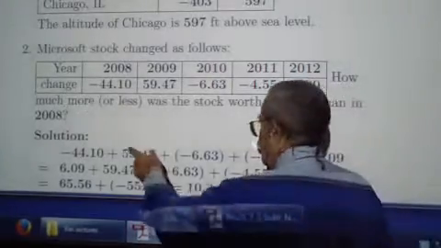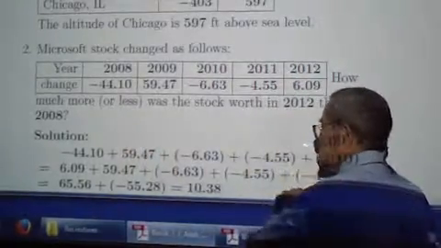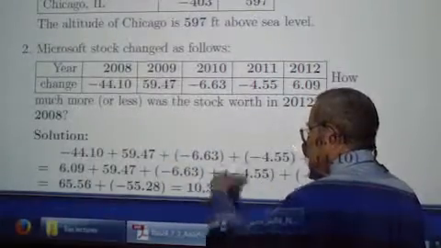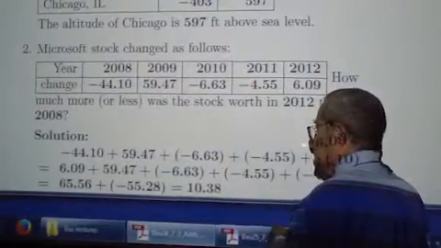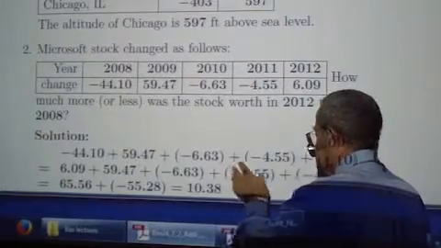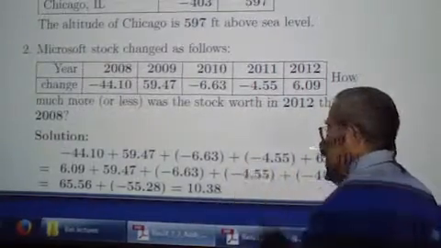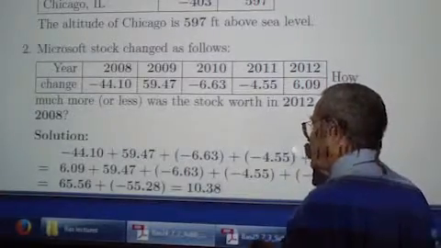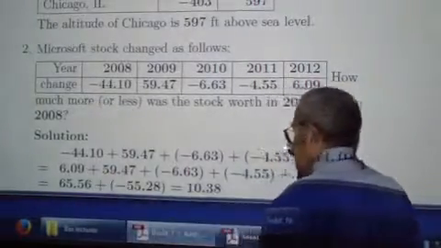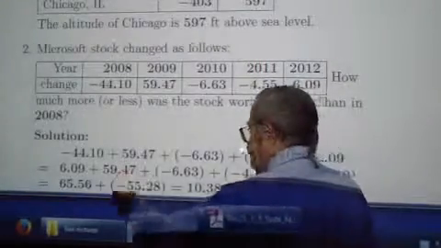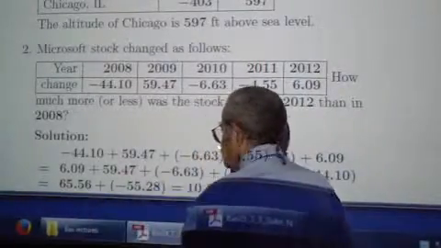You can add all the positive numbers by themselves. You can associate, you can commute, so you can move the signed numbers around. All of these are plus, otherwise we couldn't do it. And you bring the two positive numbers together, you bring the three negative numbers together. You add the two positive numbers, 65.56.